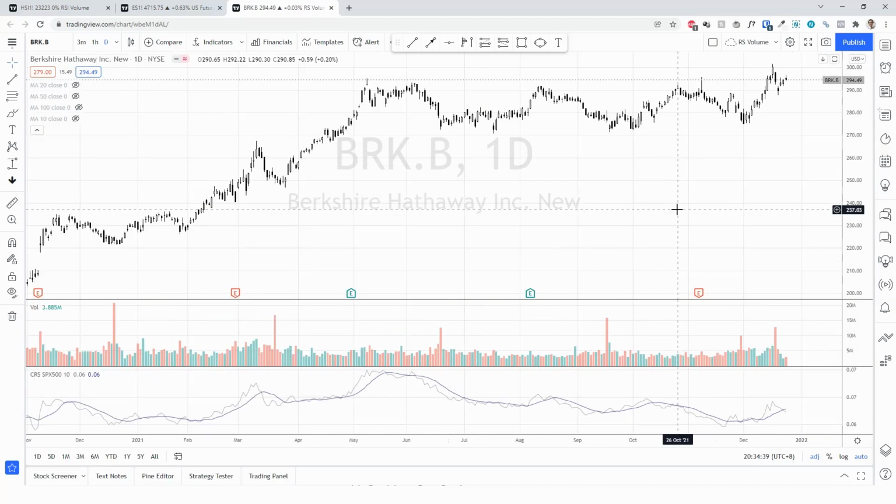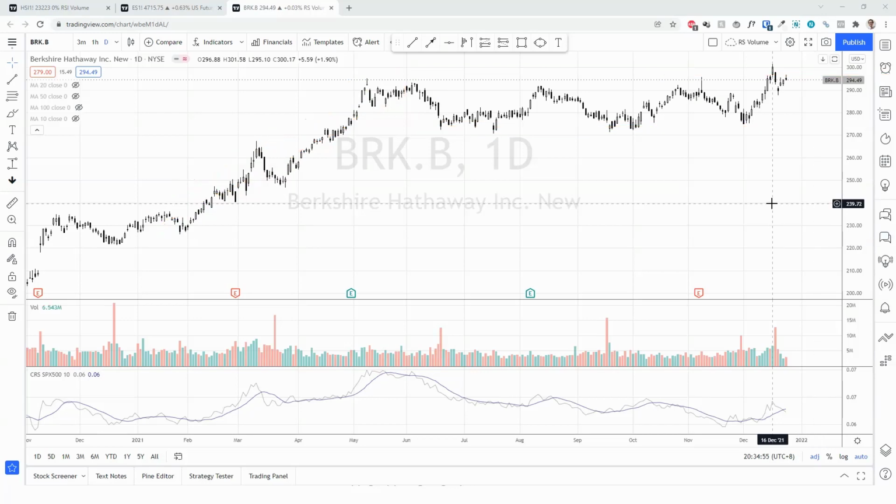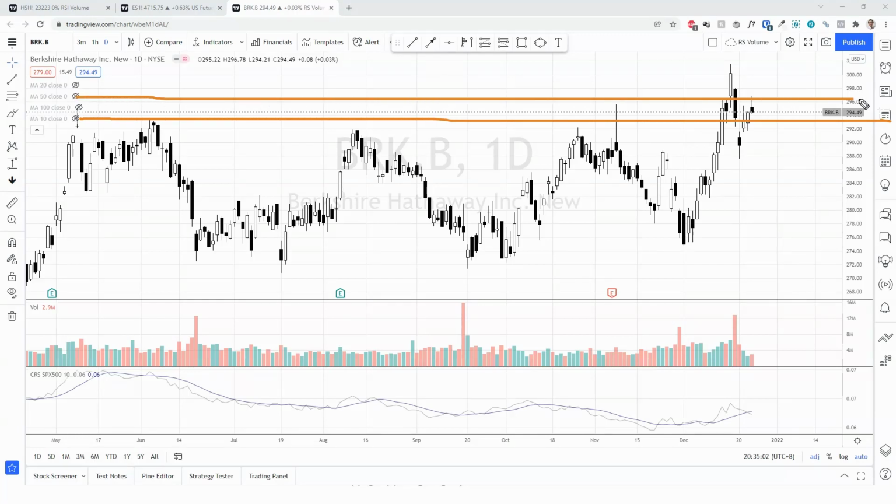And next one is the Warren Buffett company, Berkshire Hathaway. It has been stuck within this big trading range, right after this uptrend. There is a change of character, which defines the trading range. You can see that recently it attempted to break out. So there is a breakout attempt, and right after that it just had a sell off, profit taking.